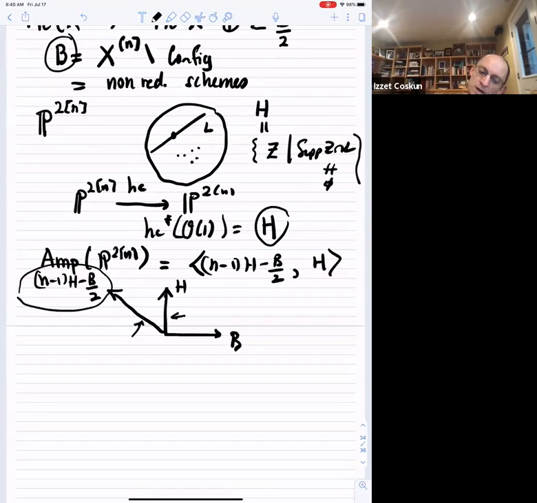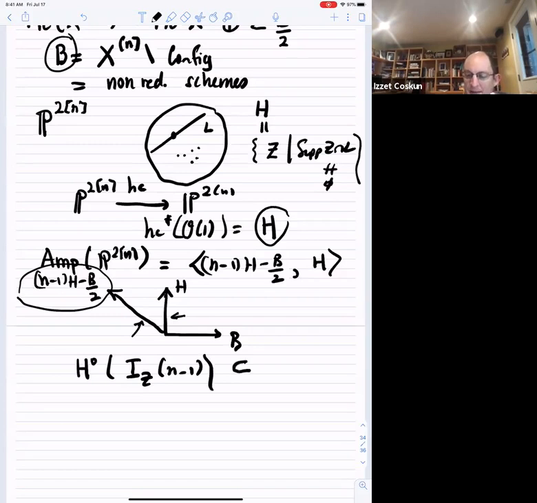And to get this one, what you did was you look at polynomials of degree n-1 vanishing on your Z. This is always a subspace of H^0(O_P2(n-1)).